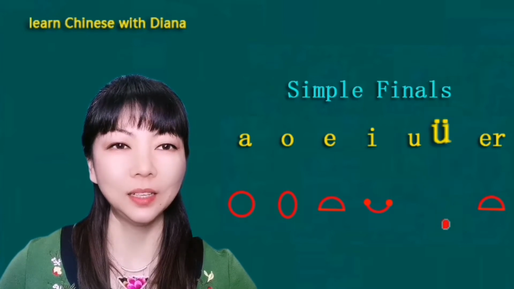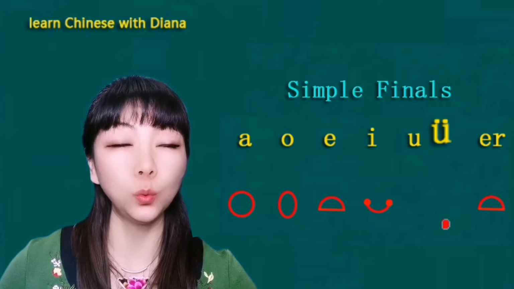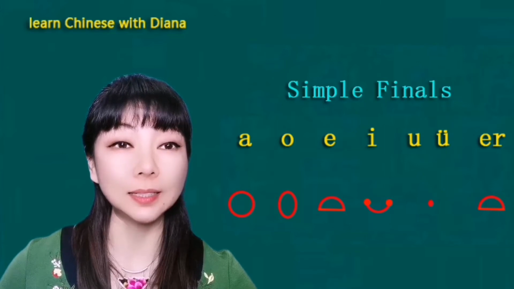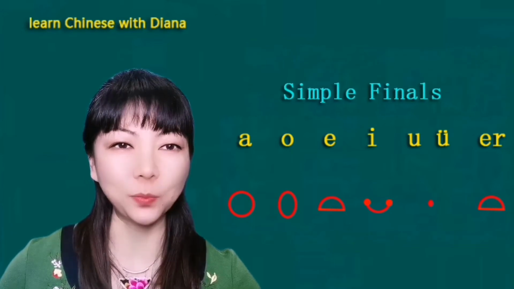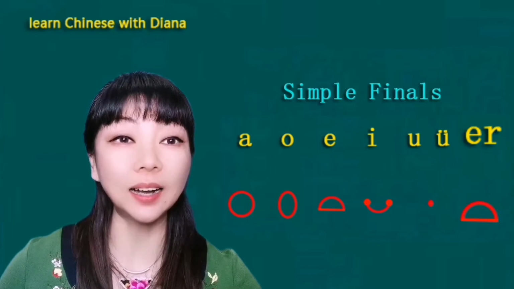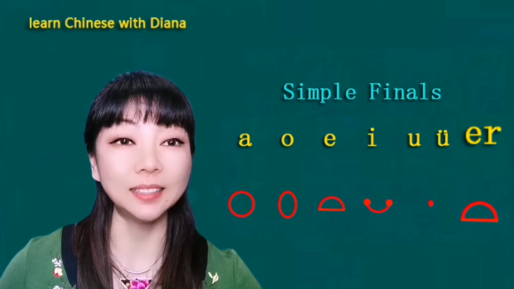Next one. Ü, it's similar to U, but it sounds like ew together, faster. I, U, Ü. The last one. R, roll your tongue first, and then the shape of your mouth like R.